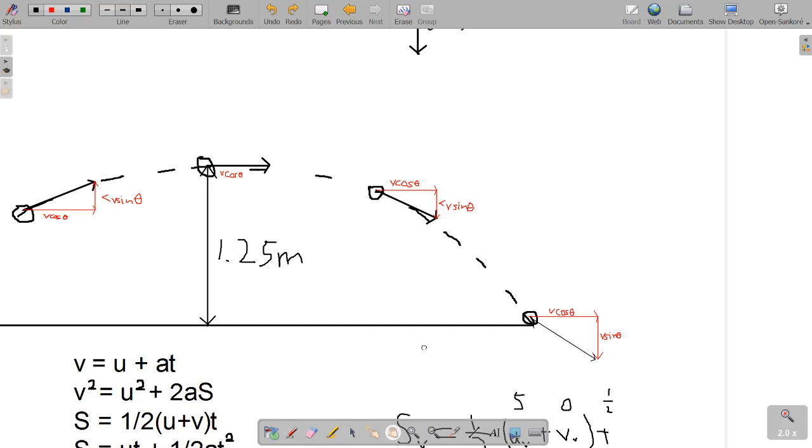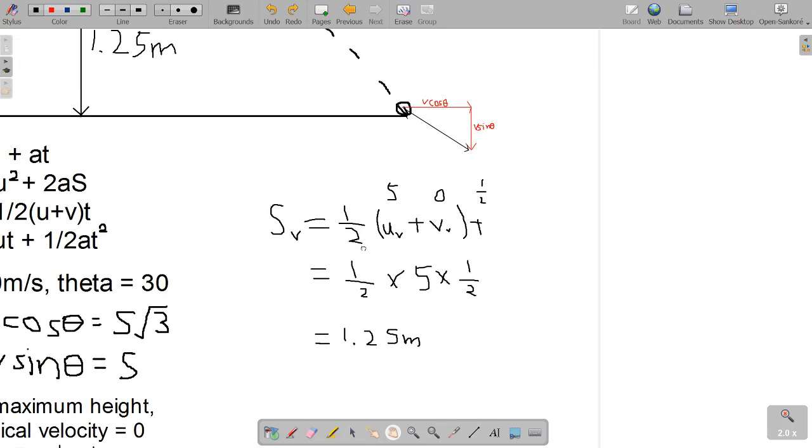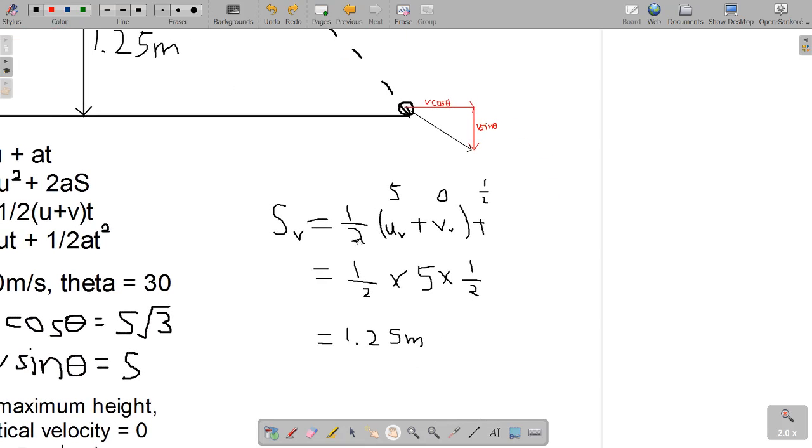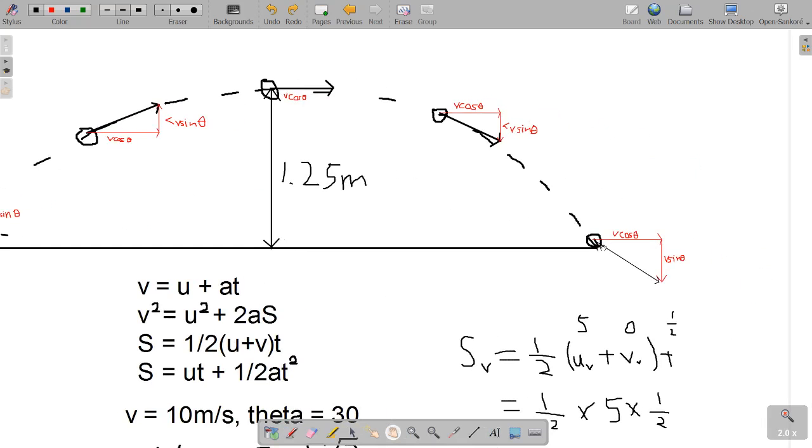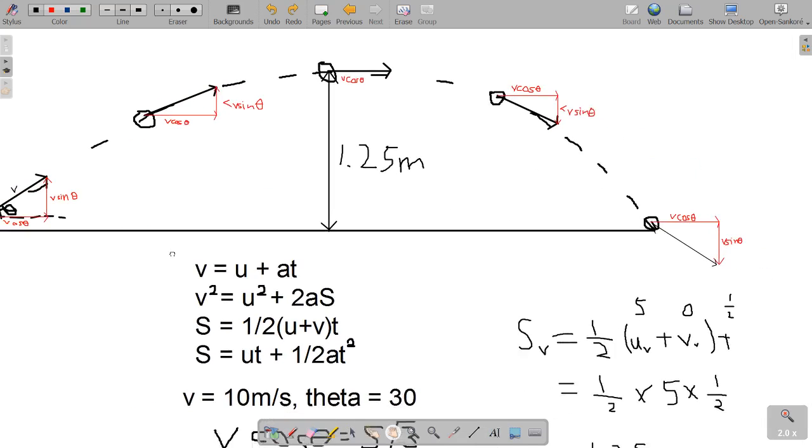Okay. So now let's find the horizontal displacement, like when it lands, how far it is from when it is launched.